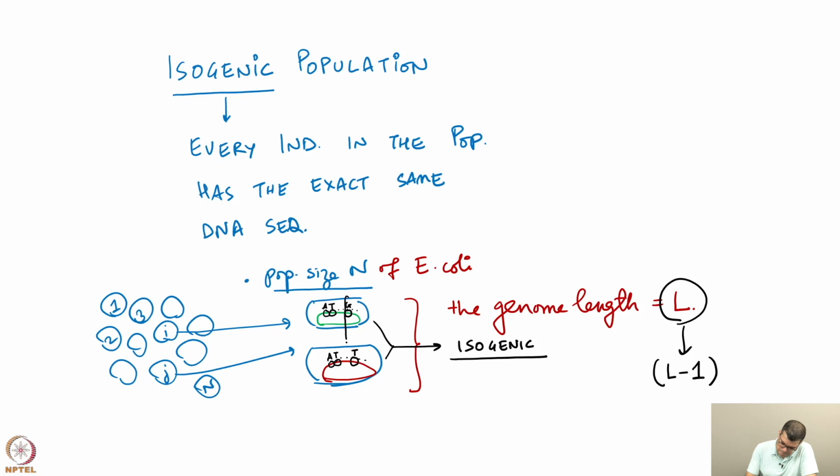Hence at this position the nucleotide did not match, whereas it matched everywhere at the remaining L minus 1 positions. In that case, these two individuals are not isogenic, and mathematically we define the difference between these two individuals as something called the Hamming distance.